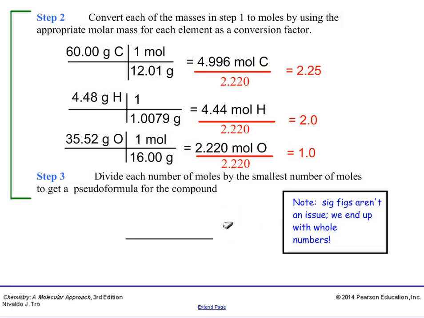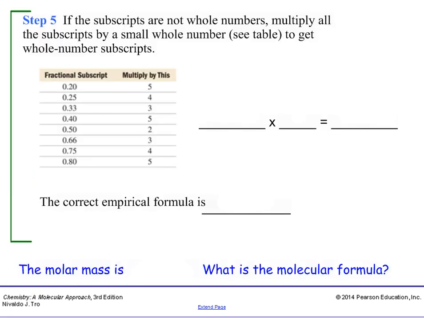I'm going to show this process out, but in fact I rarely write it all out. So my formula would be C2.25H2O1. But we can't possibly have a chemical formula that has a fraction in it because atoms only come in whole numbers. So take a look at the next page of notes.